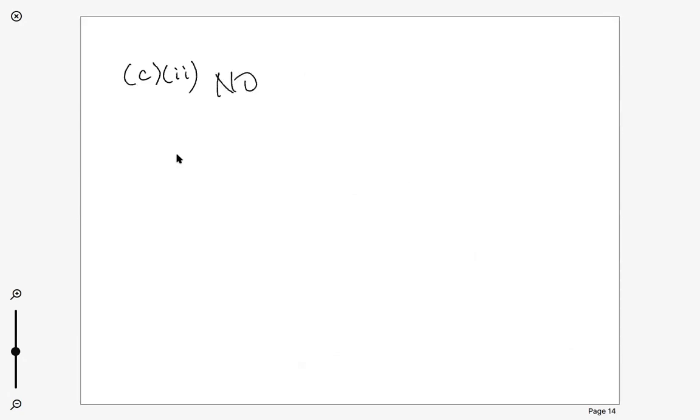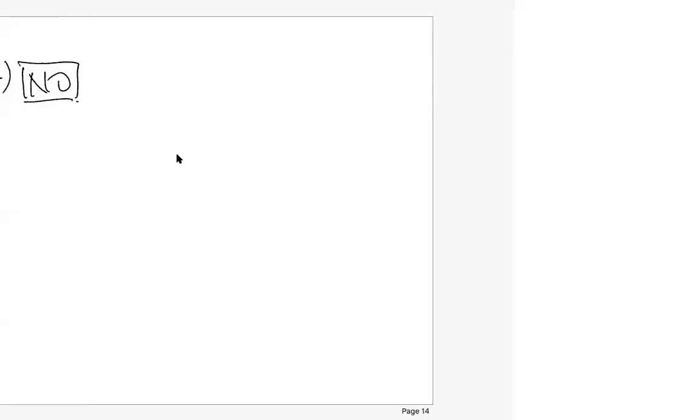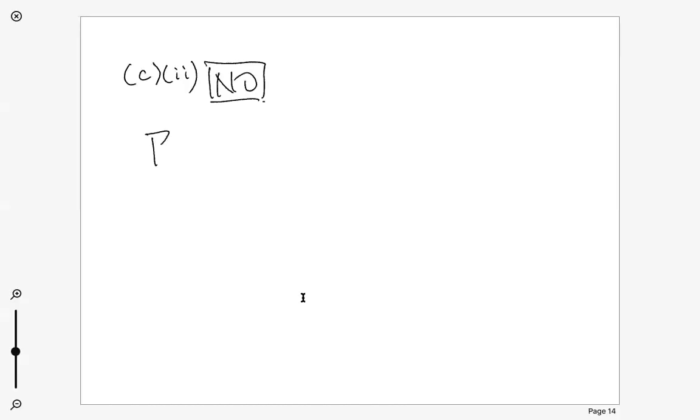Yes, the answer is no. If we have Christoffel symbols not being zero, still we cannot say that the Riemann tensor is not zero, right? Which means it's curved.